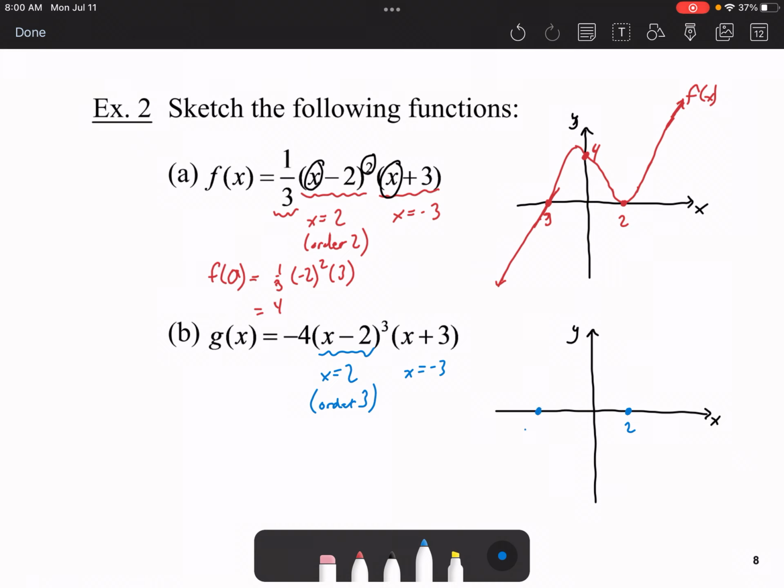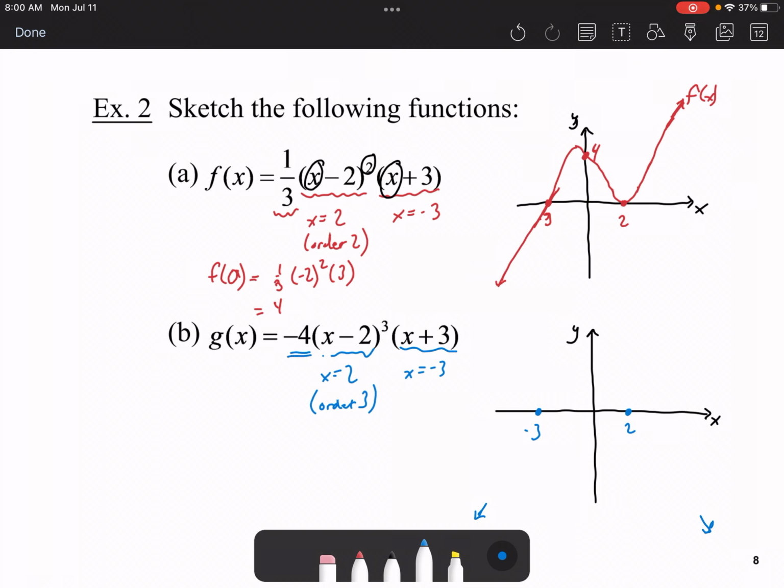Well, that's going to give us a different function because this is an x cubed times another x, so x to the 4. So it's going to give me a quartic. This is a quartic with a negative leading coefficient. It's going to end up down here in these areas. So I'll draw those little arrows to begin with.